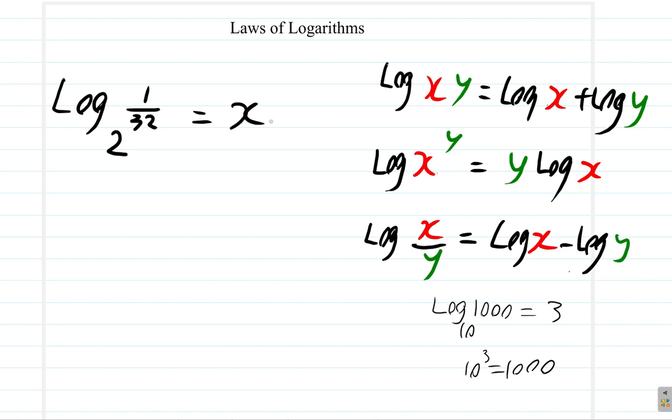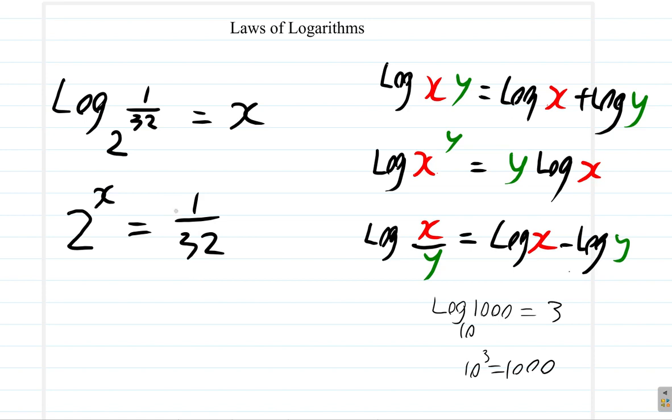The answer is x. What is x? Here you want to find the log of 1 over 32 and the base is 2. When you change this to index form, you're going to get 2 to the power of x is equal to 1 over 32, right?